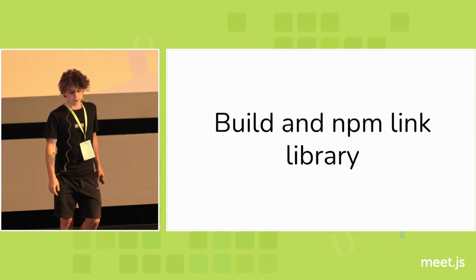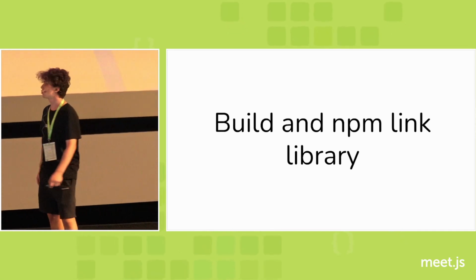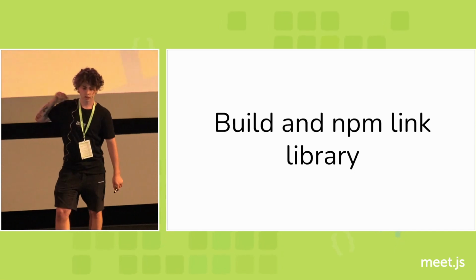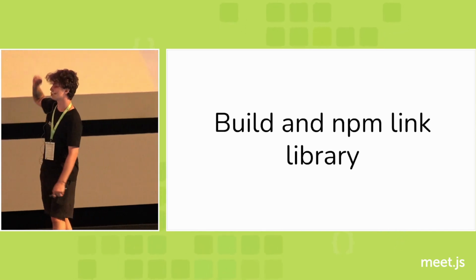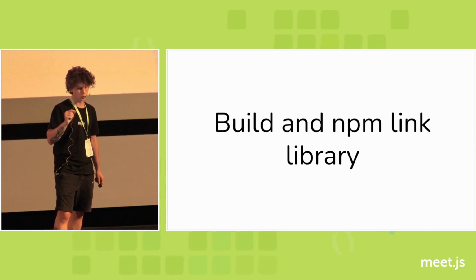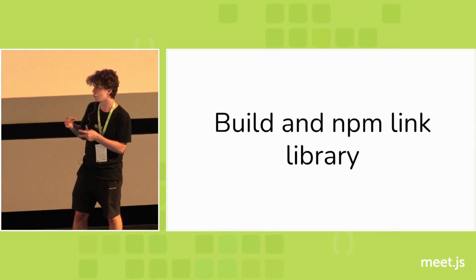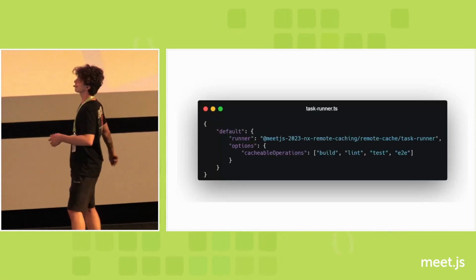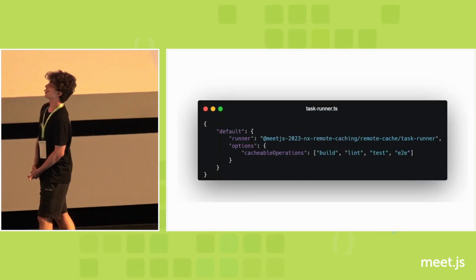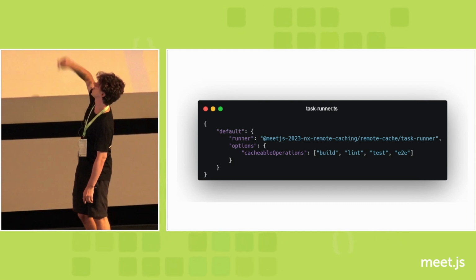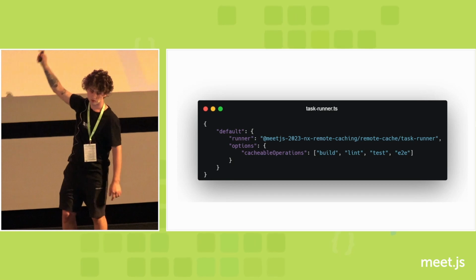And now we need to build our library and link it with npm link to be able to view our library as a package, and change the runner string with our nx remote caching /remote cache /task runner.